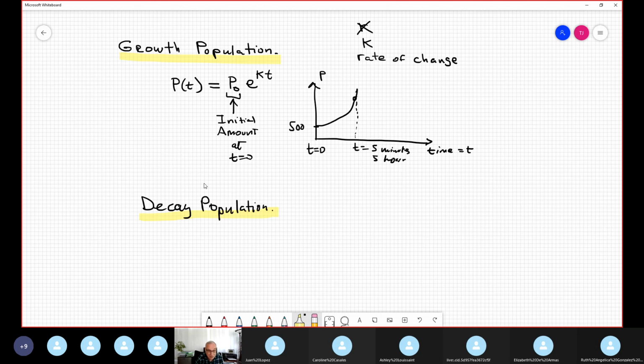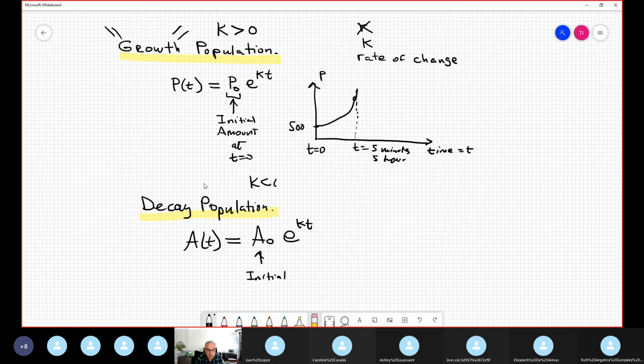It's not exactly population, it's the amount of substance at any time equal to A null, the initial, multiplied by e to the KT. What is the difference? When it's growth, K is positive, and when it's decay, K is negative. I don't put the negative here because the negative is the value of decay.